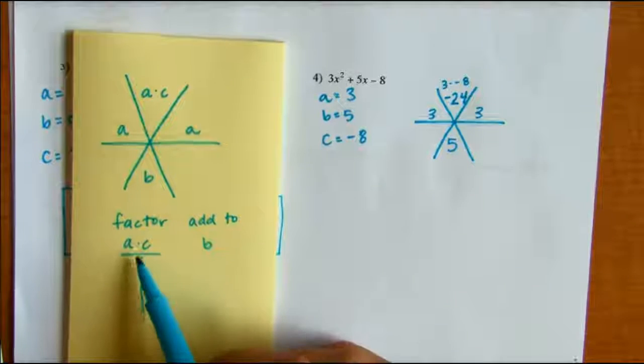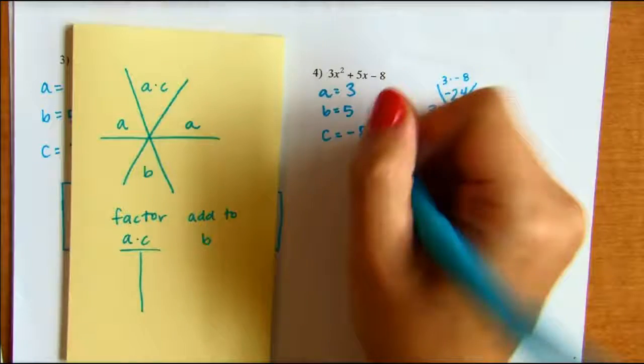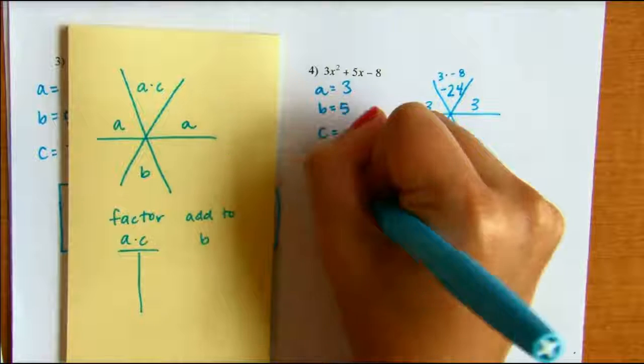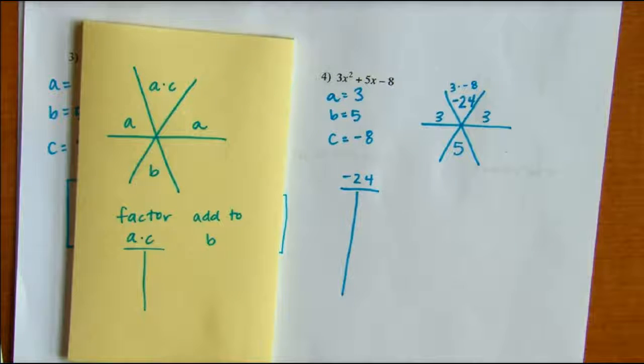Okay, from here I'm going to factor out A times C, so A times C was a negative 24. Go ahead and look at your multiplication chart. What are all of your factors of 24?